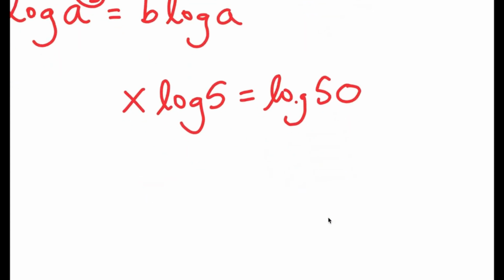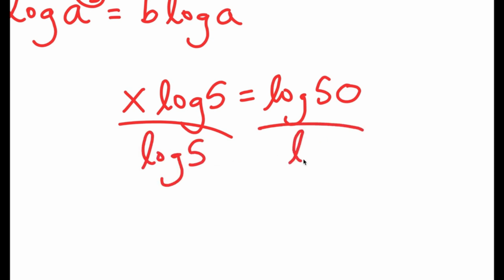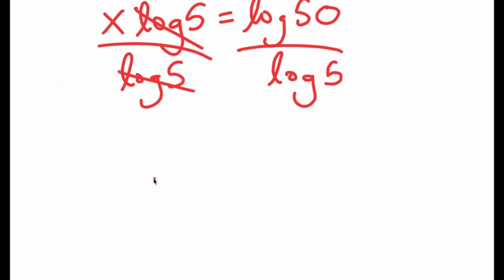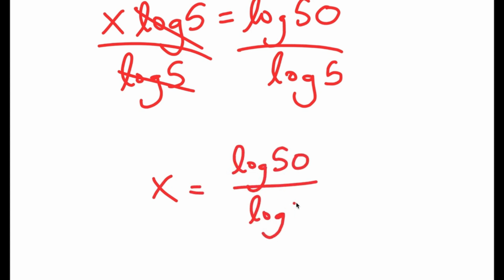And now remember, we want to find the value of x, so all we have to do to do that is get rid of this log 5 by dividing both sides by log 5. So now these two cancel out, and I get x is equal to log 50 over log 5.